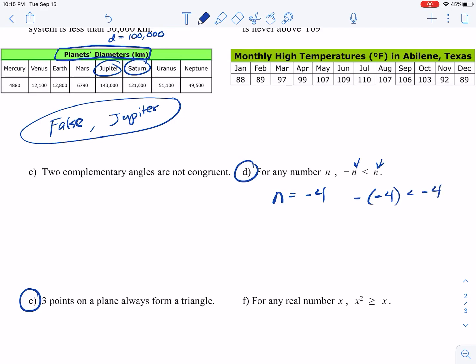So this negative 4 gets us 4 is less than negative 4. That's not true. 4 is greater than negative 4. Any negative integer would have been a counterexample here.